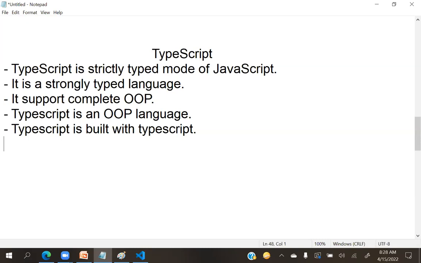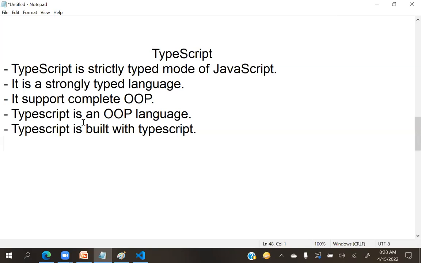Generally, any language is built with the support of some other languages. Because if any language has to interact with hardware, hardware means mouse, keyboards, and all these, it has to take support of binary languages, of low-level languages.